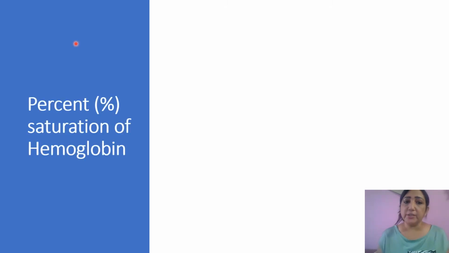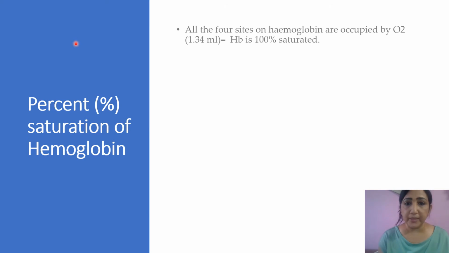Now we are going to discuss the percent saturation of hemoglobin. What is that? If all 4 sites of the hemoglobin are occupied with oxygen, that is 1.34 ml, and the hemoglobin is 100% saturated. That means if the 4 sites of one hemoglobin molecule are occupied, that molecule is 100% saturated.